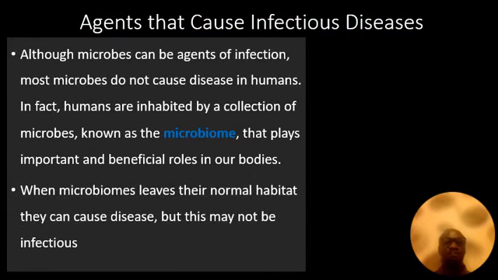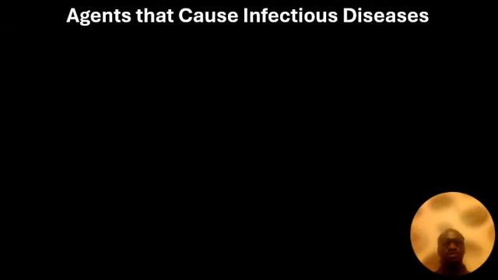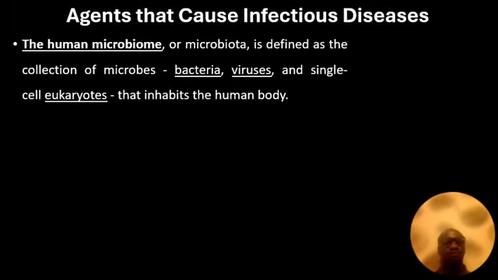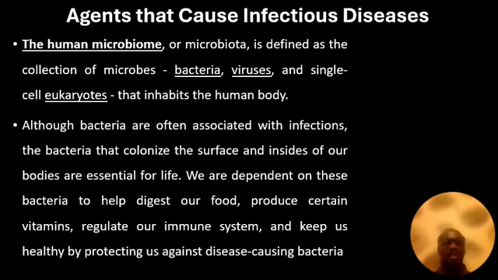Although microbes can be agents of infectious disease, not all microorganisms are responsible for infectious disease. In fact, we have microbes that inhabit the human body, those that play beneficial roles in the human body. They are not the ones that are responsible for infectious diseases. Among them, we have bacteria, we also have single cell eukaryotes that inhabit the human body.